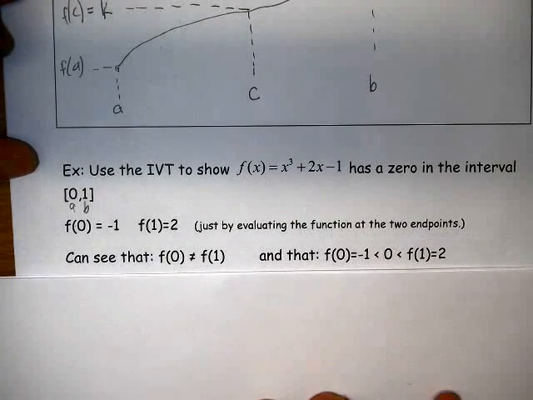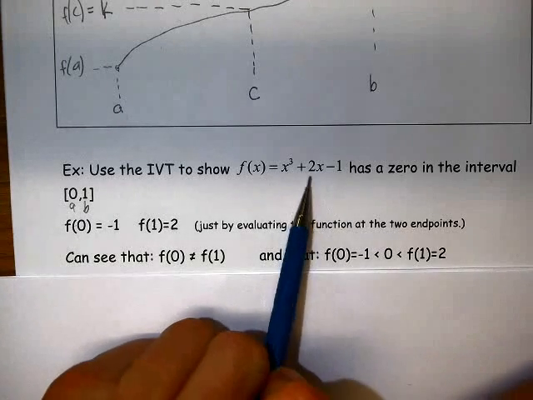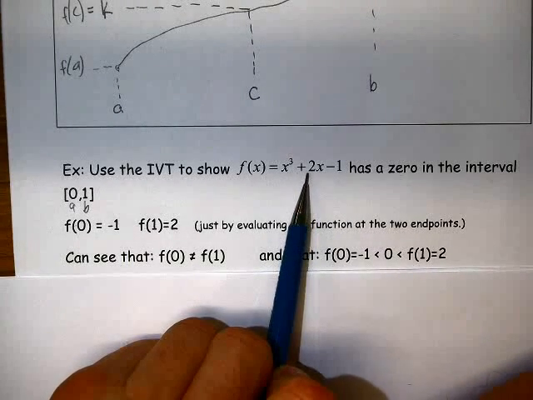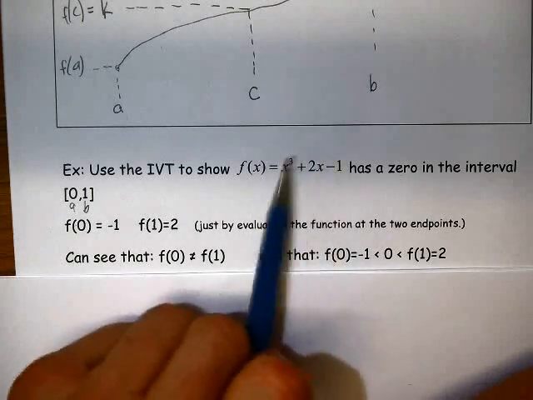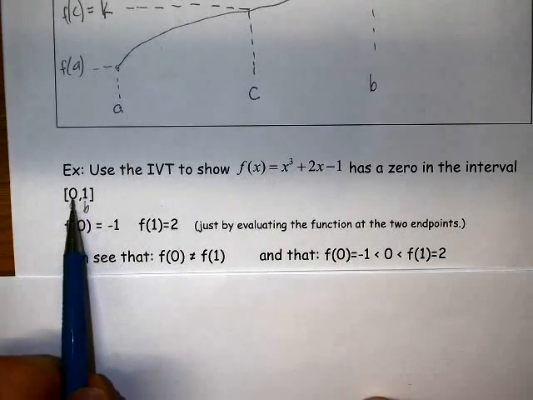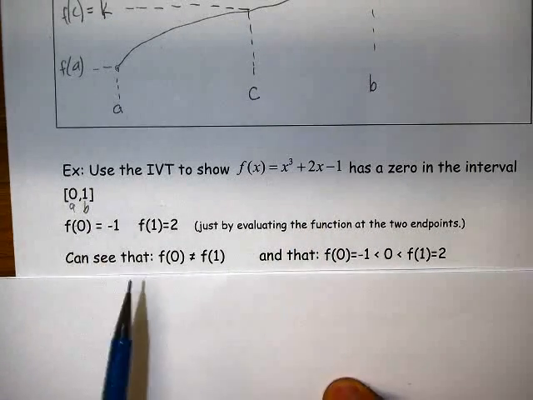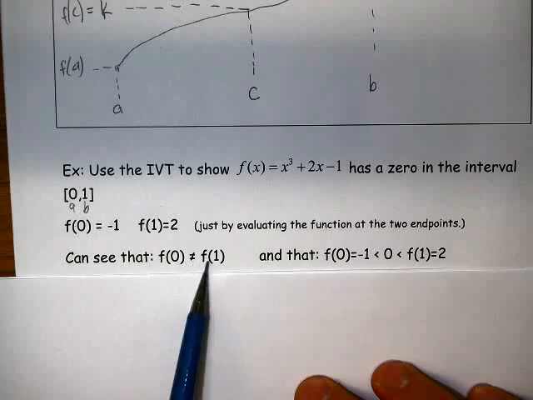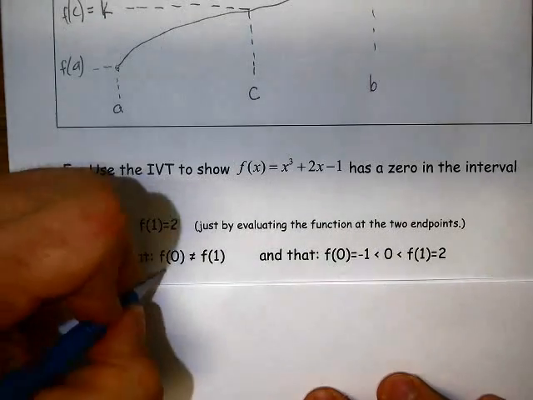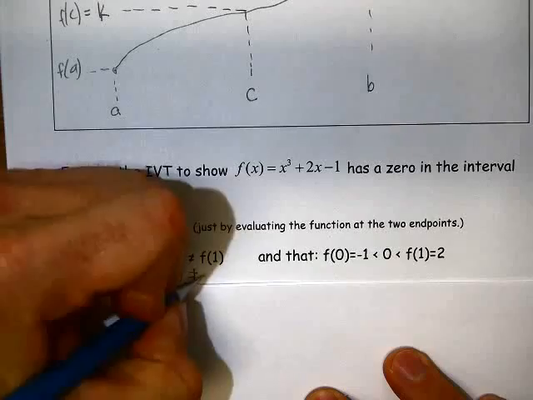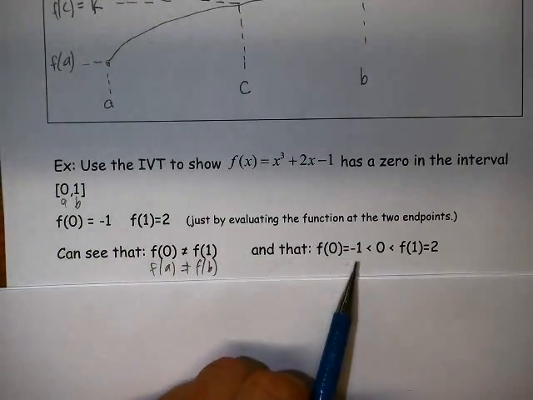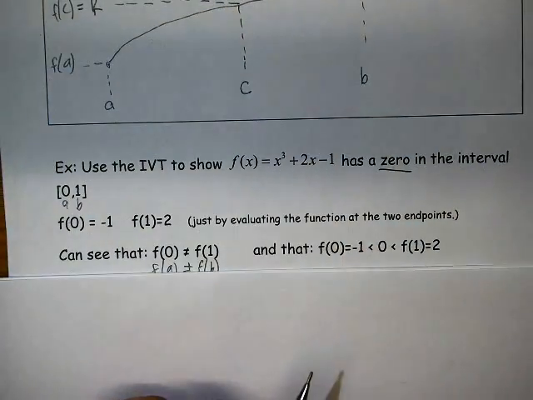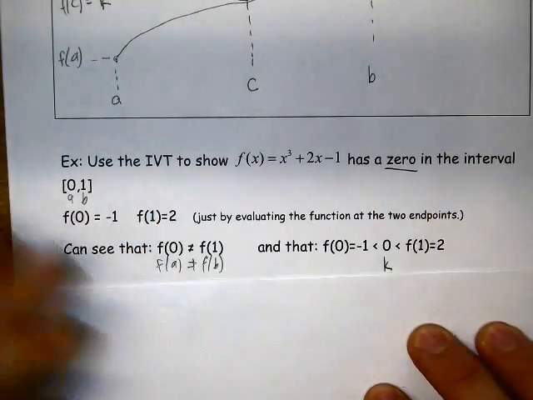So we know that this function is continuous, so it meets the first condition. In this case it's continuous on the domain of all reals, but it certainly is continuous on the closed interval from 0 to 1. We've shown that f of 0 is not equal to f of 1. This is meeting the condition of f of a not equal to f of b. And we've also shown that our k value, we're looking for the 0, so the k value is 0.